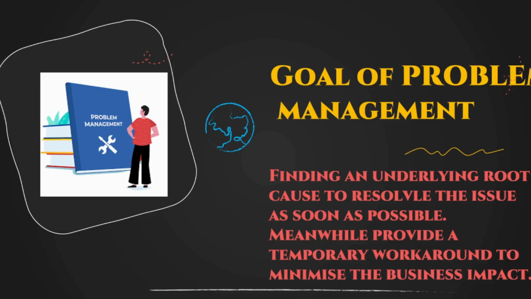You go to the IT team and ask for a replacement or a fix. They say, sorry sir, I can't replace your laptop as per the process, but I can provide you a temporary laptop until your permanent laptop gets fixed. This is a goal of problem management, to provide a workaround until the issue gets resolved.